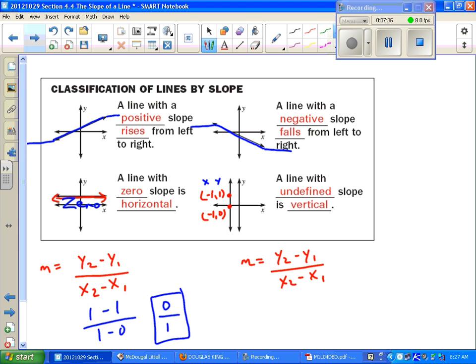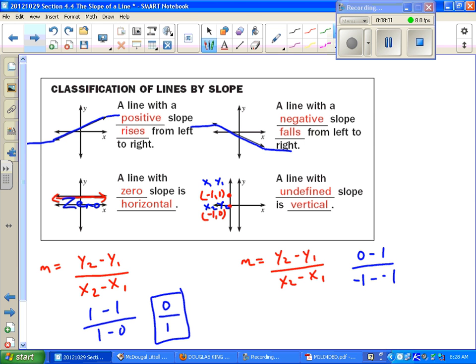X comes before y, sub 1 and sub 2. Again, if you go sub 1, sub 2 the other way, it's not going to change anything. Just plug your values in now. Y sub 2's value is 0, minus y sub 1's value is 1, over x sub 2's value is negative 1, minus x sub 1's value is negative 1.